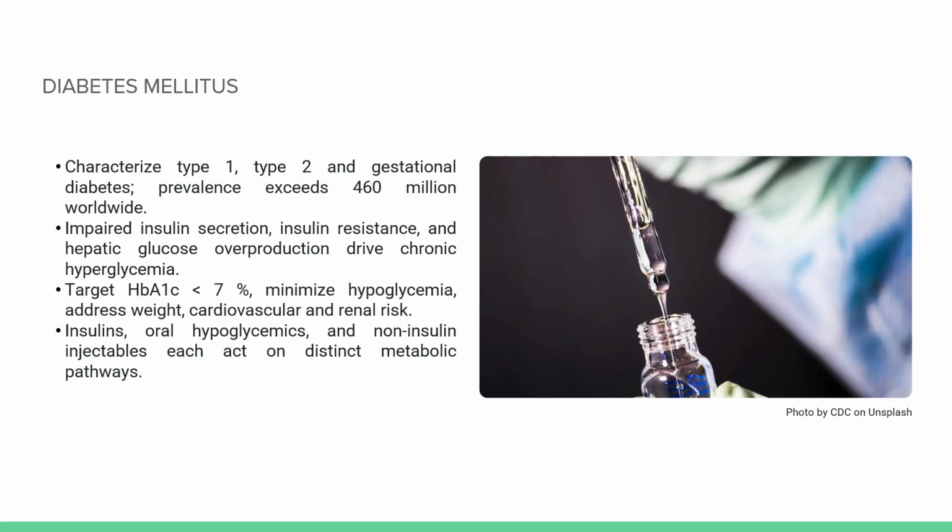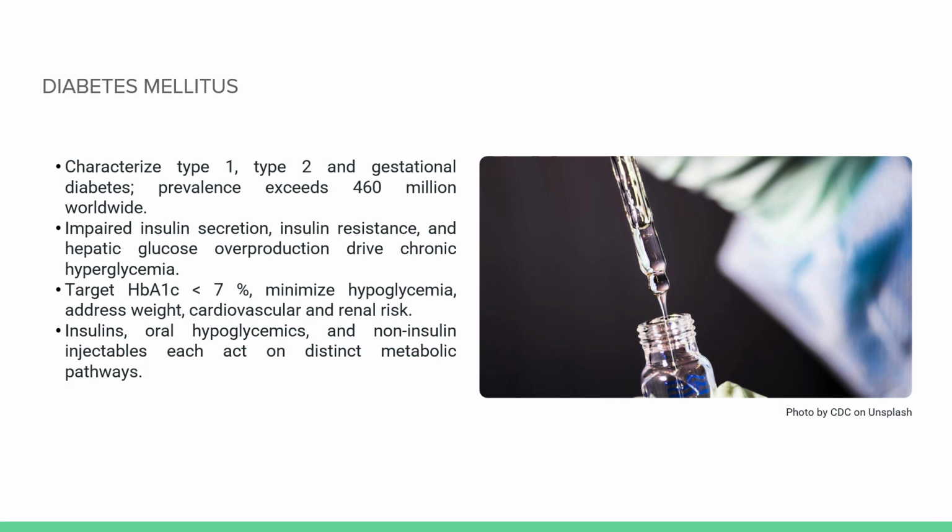It can be characterized into two main types, type 1 and type 2, and the other one is gestational diabetes. Its prevalence exceeds 460 million worldwide. The main reasons for diabetes mellitus are impaired insulin secretion, insulin resistance, and hepatic glucose overproduction, which drive chronic hyperglycemia.